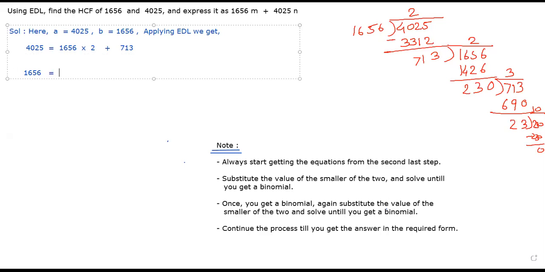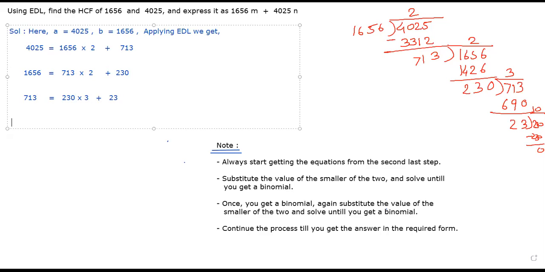What is the next step? 1656 is equal to what? 713 into 2 plus 230. Again leave 2 lines. 713 is equal to what? 230 into 3 plus 23.